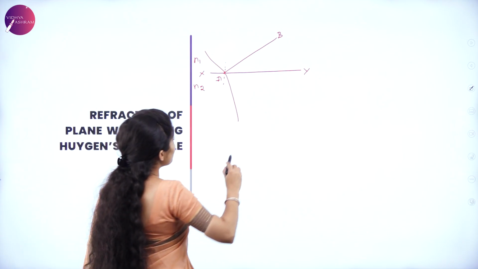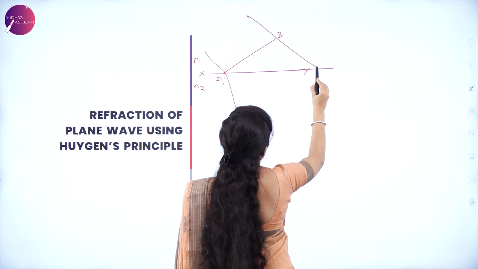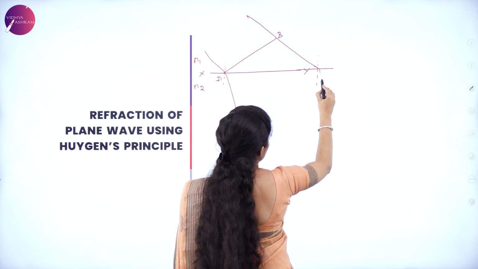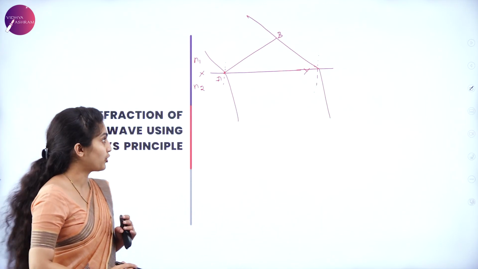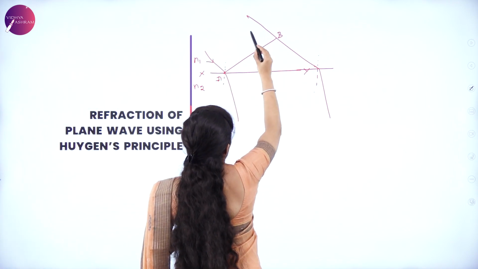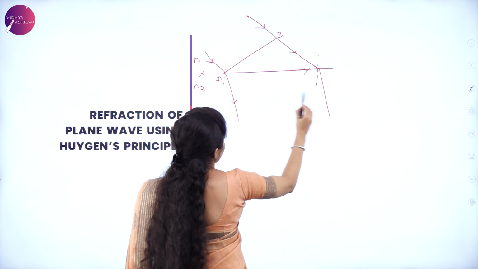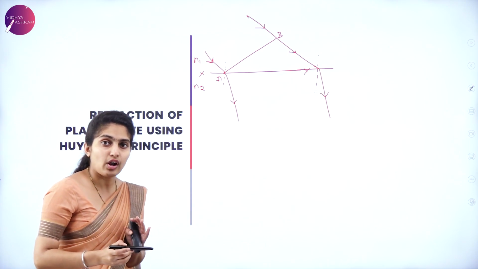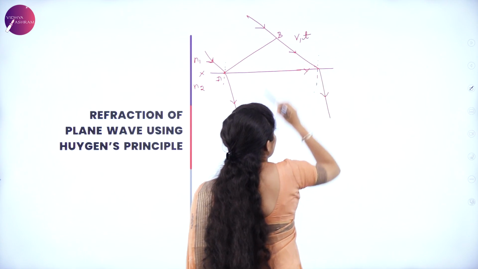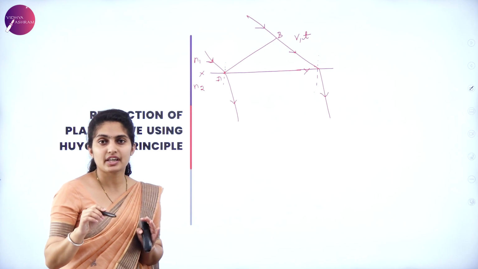Okay, so now the light ray which comes and falls incident over this region, when we just draw a normal, it moves towards the normal. It bends towards the normal when it travels from rarer to denser medium. So the distance the light travels from here to here is V1 times the t.